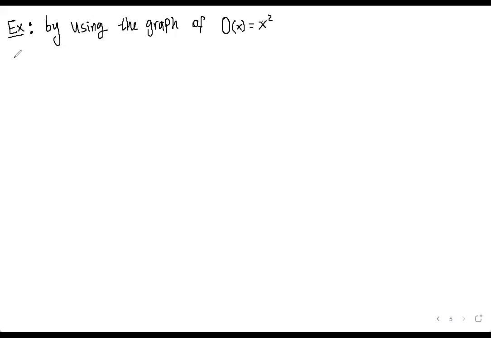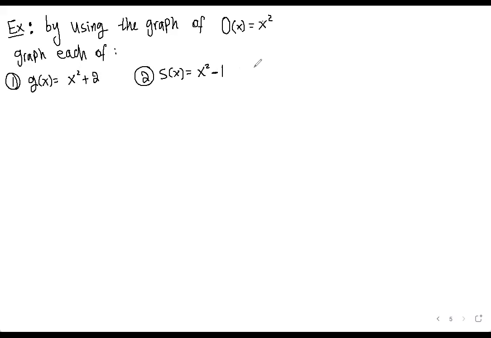So now graph each of the following. Number 1, g of x equal x squared plus 2. Number 2, graph s of x equal x squared minus 1.